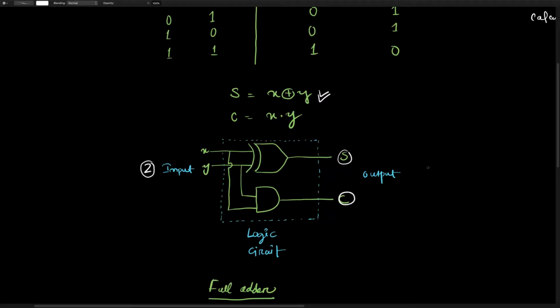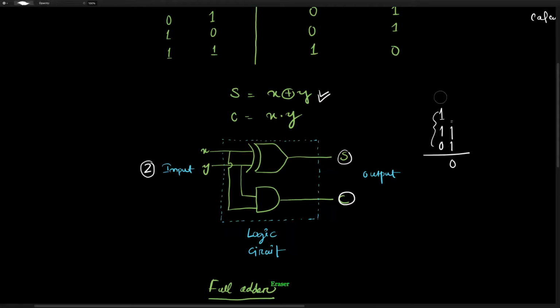Now suppose there is a case where we have to add 3 bits. For example, in this calculation, for the first bit we have 1 plus 1, that is 0 with a carry of 1. So in this particular calculation we have to add 3 bits. We can either use two half adders or use a full adder.